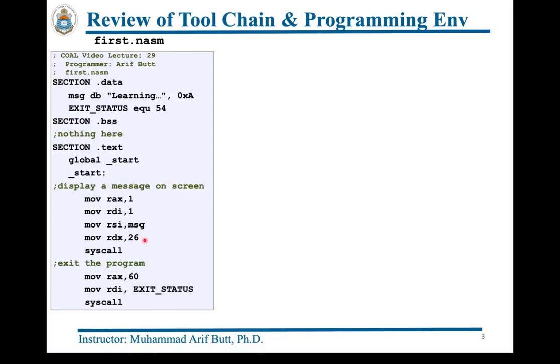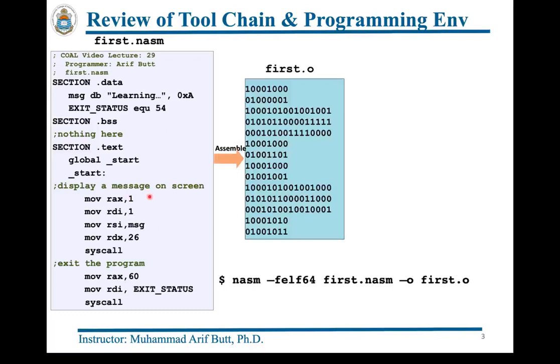Anyway, after we are done writing this code in a text file, we need to assemble it. And the assembler we are using in this part of the course is the Netwide Assembler, NASM. Once we give this command, we get the first.o file in 64-bit executable and linkable format.